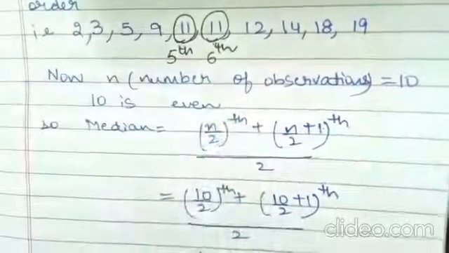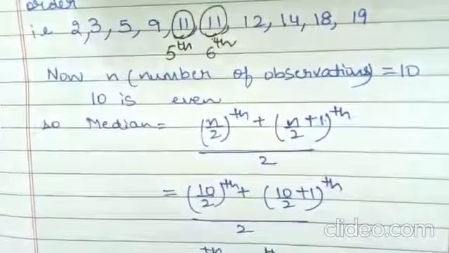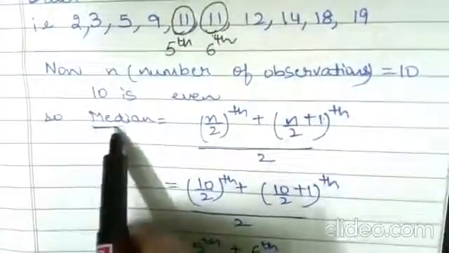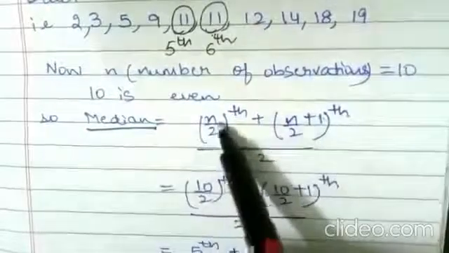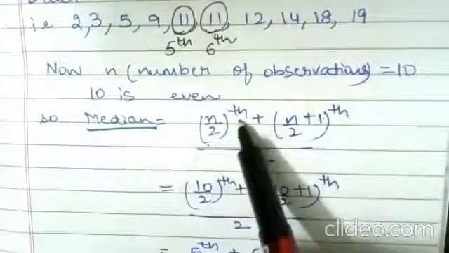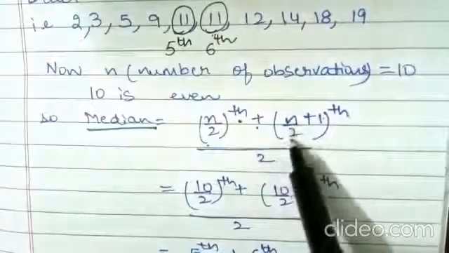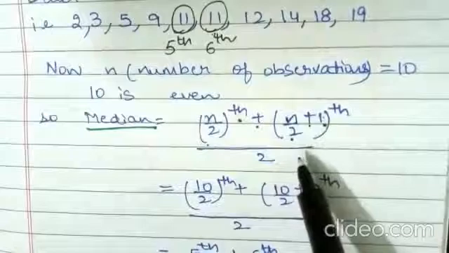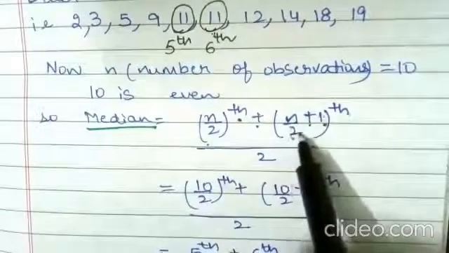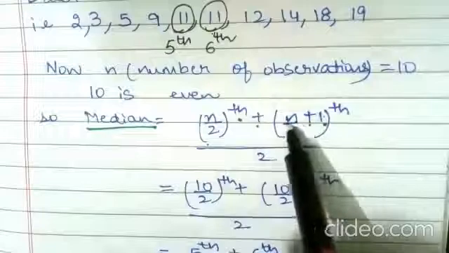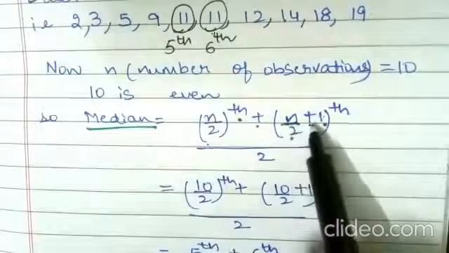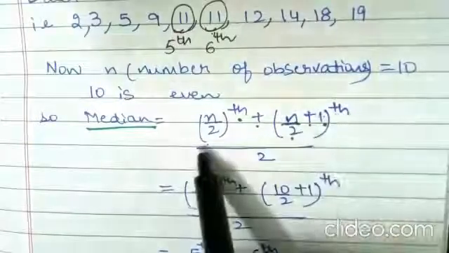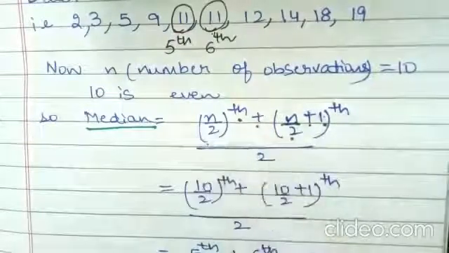If the number of observations is even, then the formula for the median is (n upon 2)th plus (n upon 2 plus 1)th, whole upon 2. Children, keep in mind that this 2 is in the denominator of n only, not in the 1.